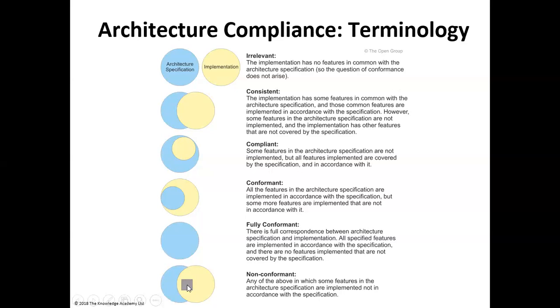Whatever the client told you, many common things you have implemented for the project. However, whatever you implemented, you told the client this is as per the specification. However, one of the parameters the client found out is not as per the specification. It is slightly different. So that is called non-conformant.